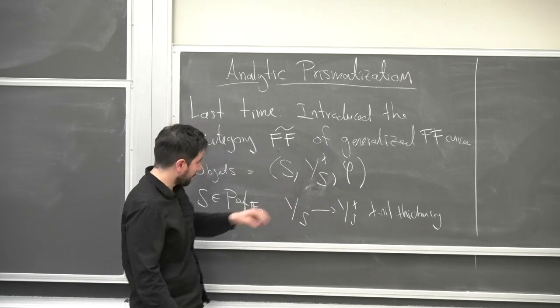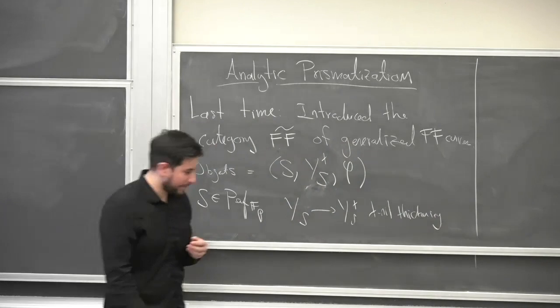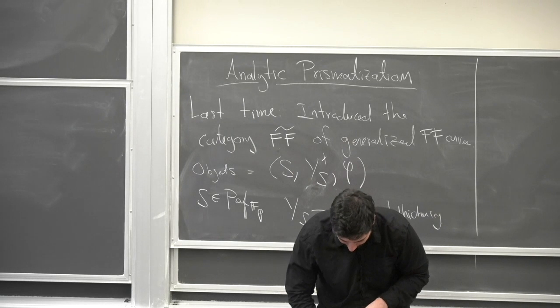So this was the replacement of our category of delta rings in the setup of this analytic prismatization.